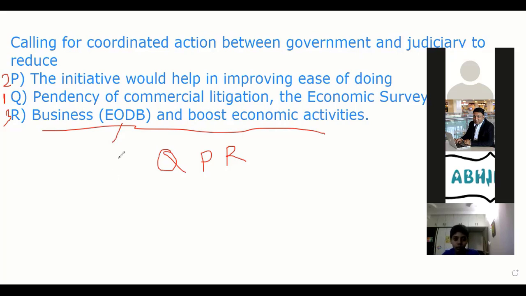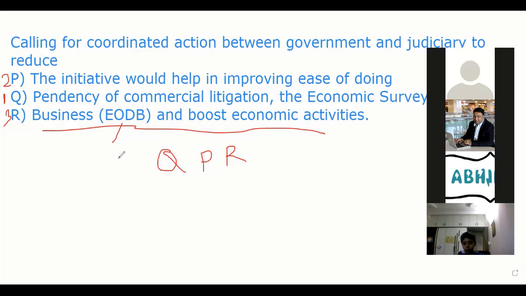And what does commercial litigation mean? Commercial litigation is when somebody puts some kind of case in the court. Generally in India we call it PIL, right? Public interest litigation. Litigation means you are putting a case in the court against some problem, against something against the law.